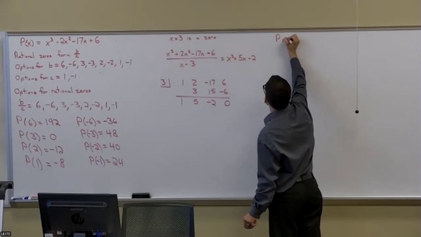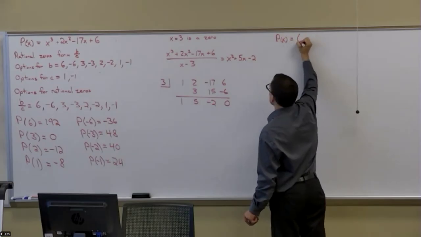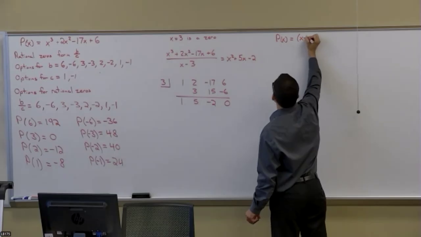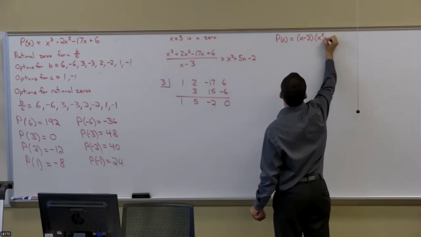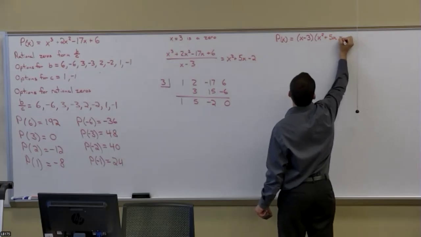And so we have P of x being equal to x minus 3 times the quadratic x squared plus 5x minus 2.